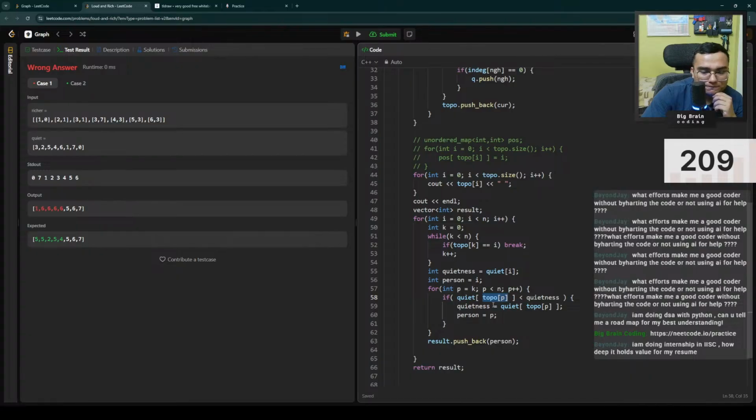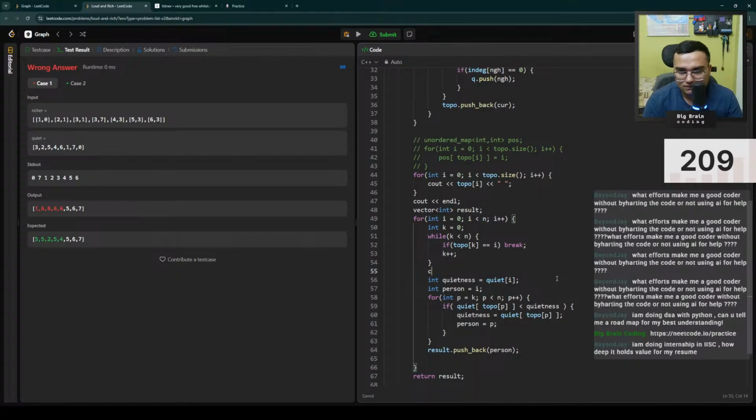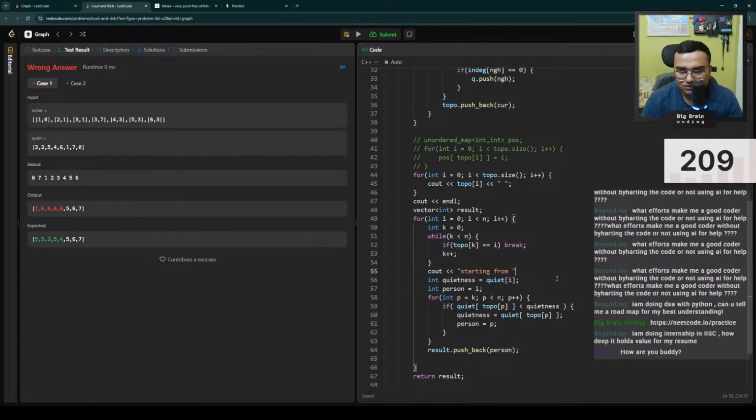Topo of P. Okay. Right. Starting from K equals K.